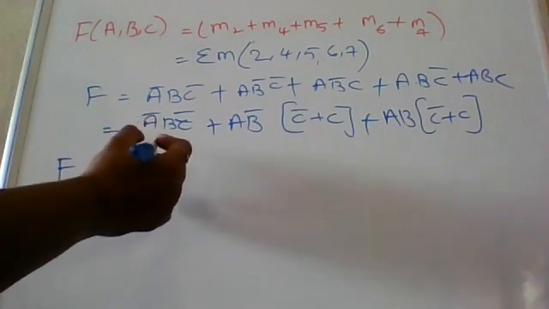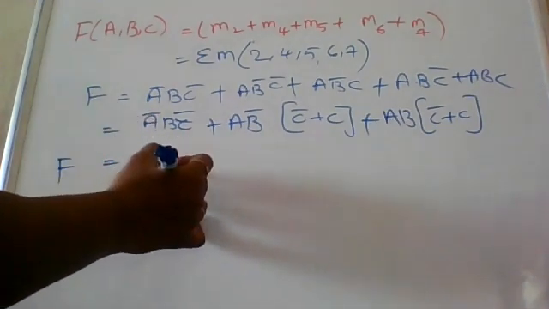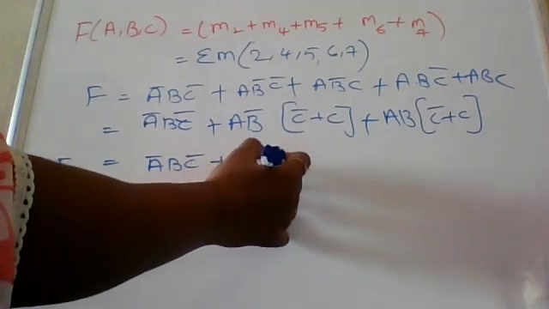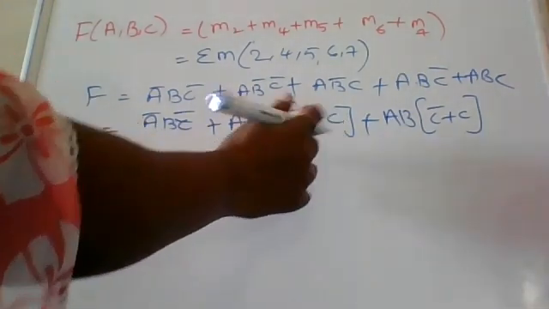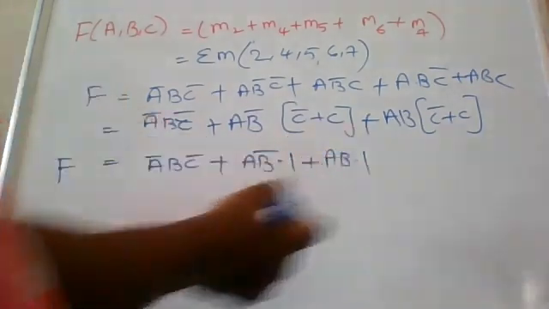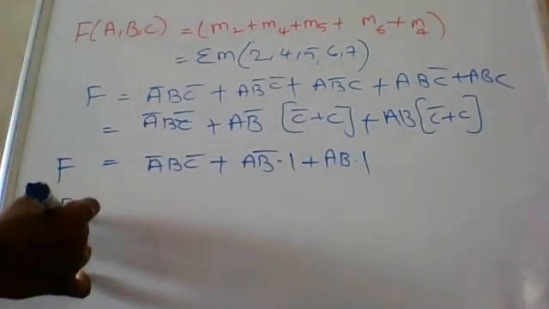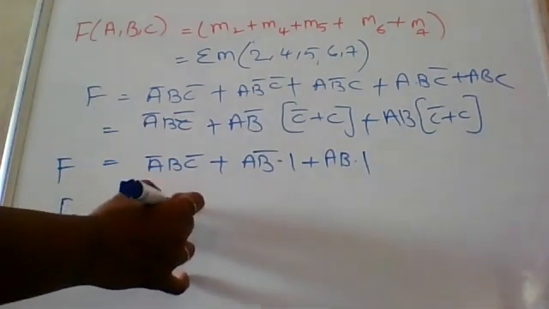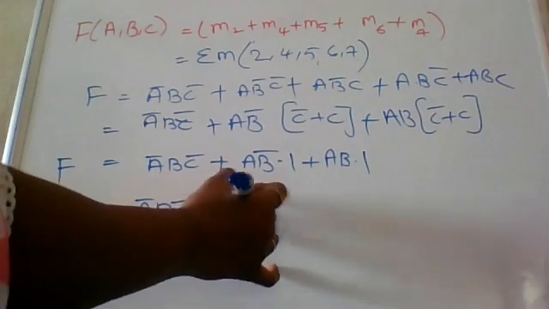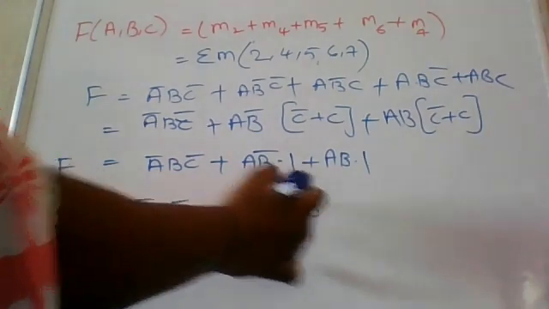F equal to A bar, B, C bar, plus A, B bar into 1, plus AB dot 1. We can write F equal to A bar B C bar plus A B bar plus AB.